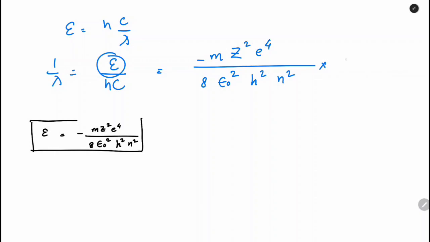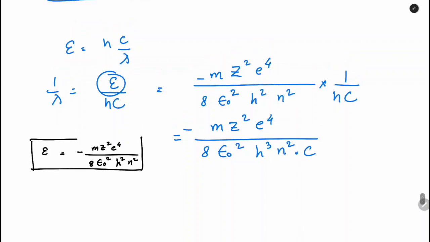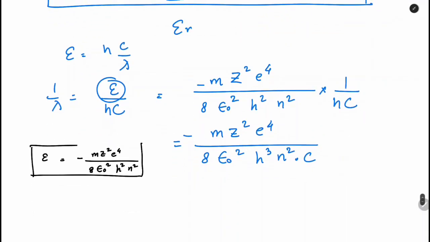and here we have two more things, h and c. So it will come around as m z square e to the power 4 divided by 8 epsilon naught square h cube n square into c. And since we are talking about the wavelength, we take Em minus En.